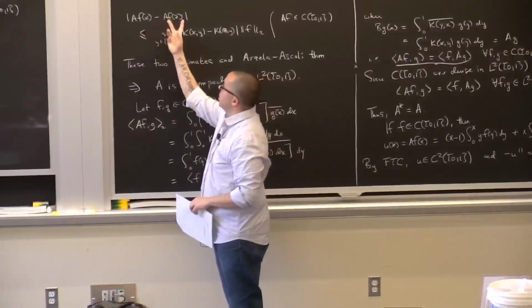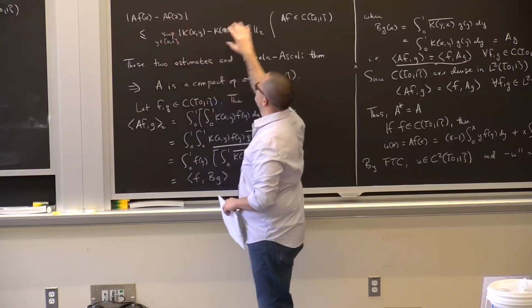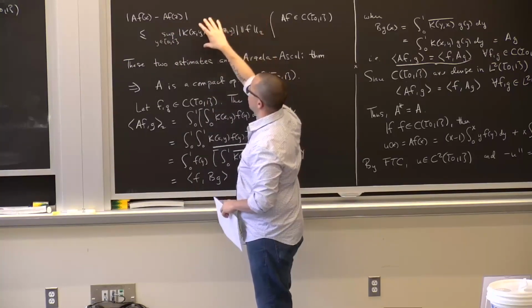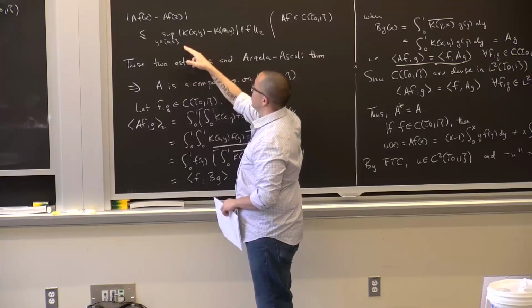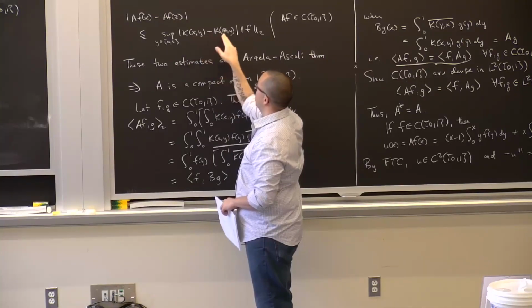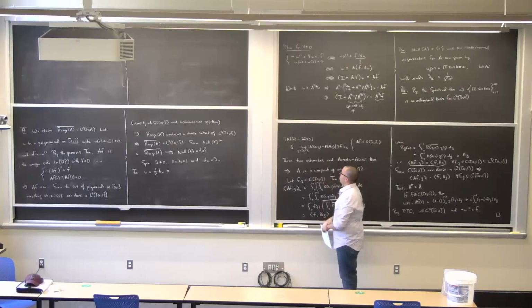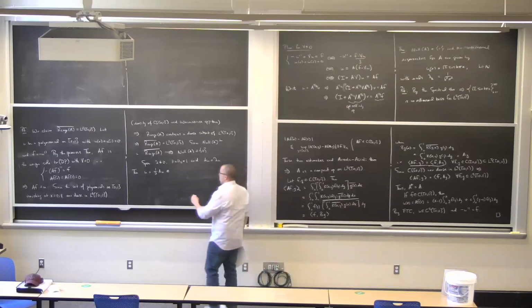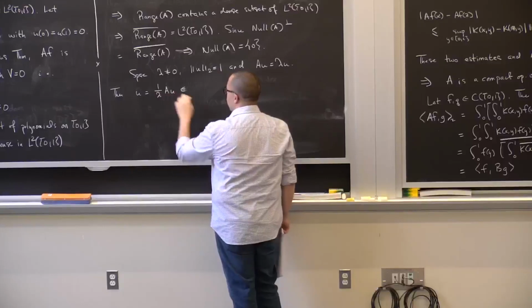I need to make this thing on the left-hand side small if x and z are close together. Now that only depends on the L2 norm of f times this quantity here. K is a continuous function on 0, 1 cross 0, 1. So as long as I make x and z close, then xy and zy will be close. And since k is continuous, this quantity here will be small. Okay? And therefore the thing that's smaller than that will be small. So that's why if I take a function which is in L2 and hit it by A, I get a continuous function.